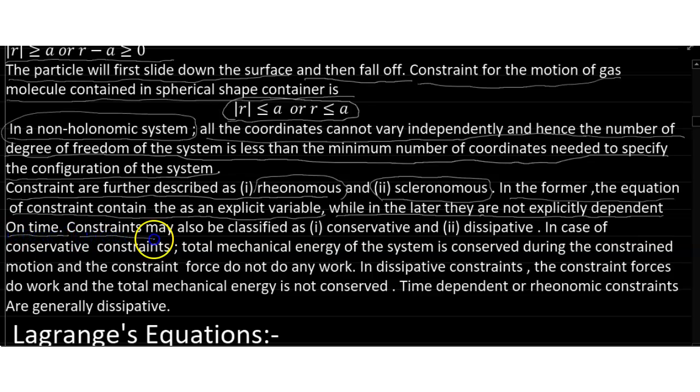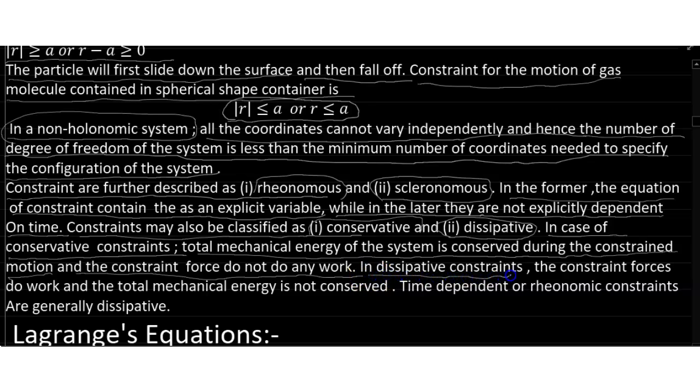Constraints may also be classified as conservative and dissipative. In case of conservative constraints, the total energy of the system is conserved during the constrained motion and the constraint forces do not do any work.